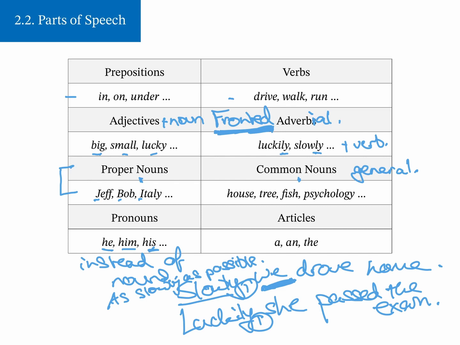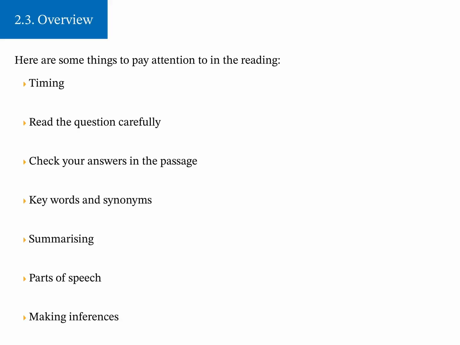Okie doke. So let's have a quick look. Here are some of the things to pay attention to in the reading. So remember timing. We're looking at roughly 30 seconds per question, assuming that you're going to take about 5 minutes to read the passage. The homework that you will get today is the full length passage.